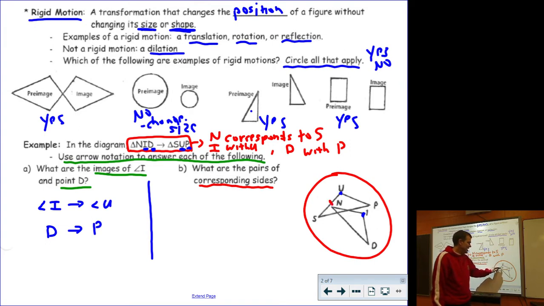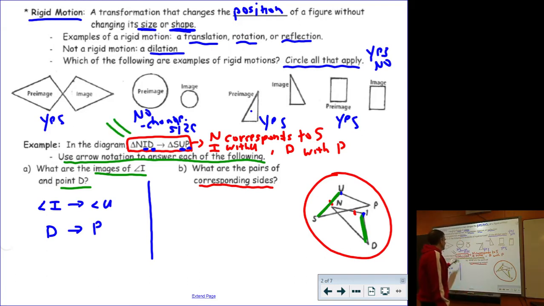Maybe this side goes with this side, or maybe the triangle's been flipped over, and it's possible that this side actually goes with this side if you flip the triangle over. Okay, kind of hard to tell from the diagram, but up here in the names, it's not hard to tell. I can tell which sides go with which sides.